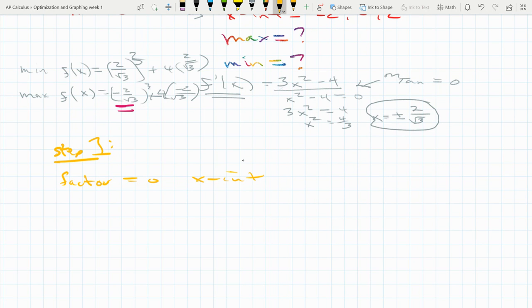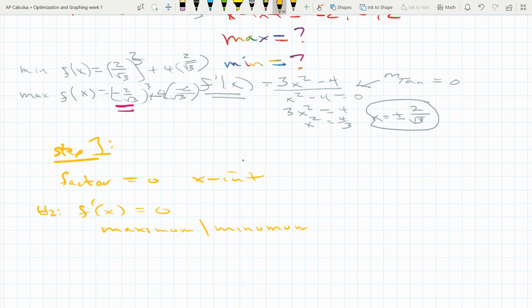Step 2, we're going to take the derivative, set it equal to 0 to find your x values, and then we're going to use that to find our maximum and minimum points.